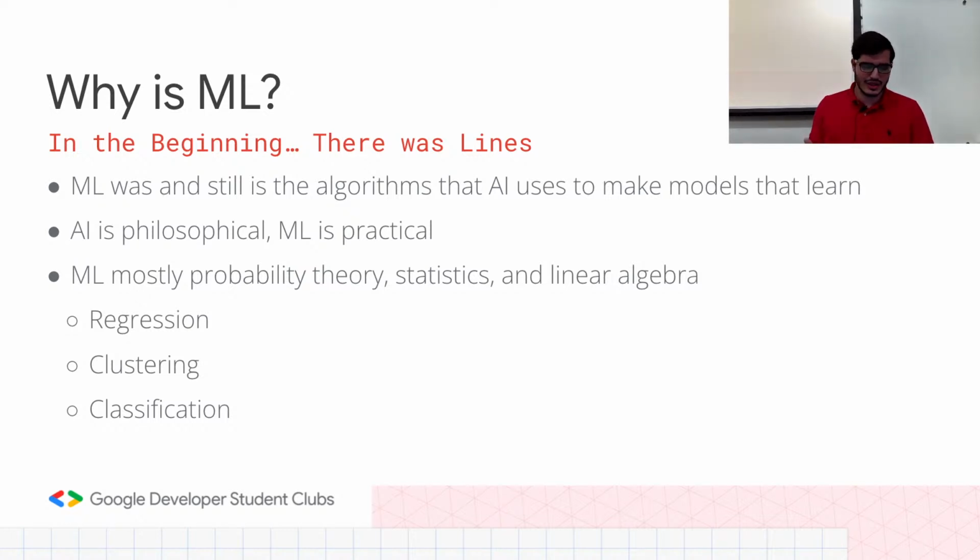Some of the things you'll see when you get into ML is regression. It's where your computer brain takes in data and spits out a number based on that data. So let's say you have data like the height and weight of a person, and the result is a 0 or 1: this guy will be a basketball player or a football player. That's kind of regression.